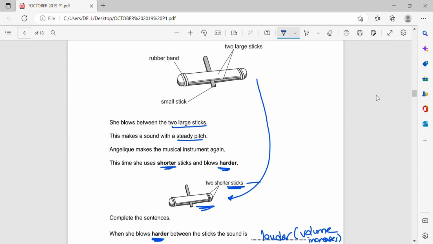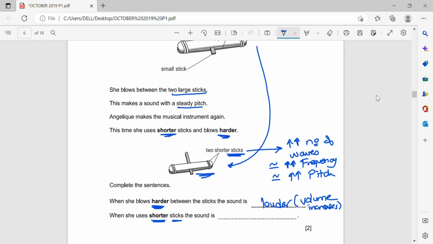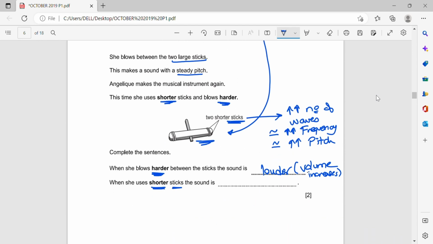Shorter sticks increase the number of waves, in other words increase the frequency, in other words increase the pitch. So after using shorter sticks, the sound is higher pitched.